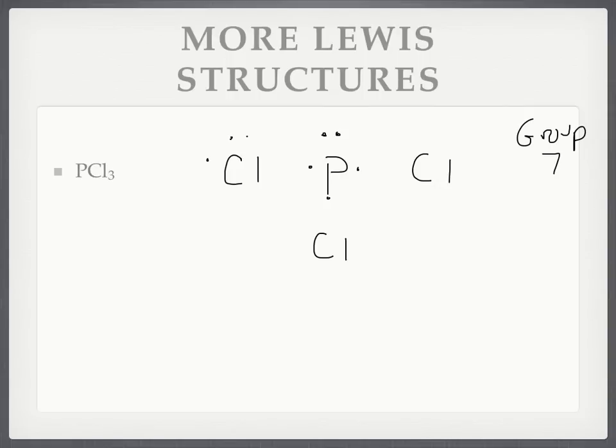Chlorine is going on the edges, and each one of the chlorines gets 7. And so it's going to look like that. And we're going to share those there, there, and there. So this is my Lewis structure for the PCl3 molecule.